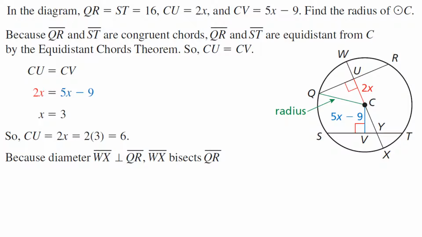Now, because we have a diameter intersecting a chord and it's perpendicular, we know the chord is bisected. So the distance from Q to U is half of that chord. Since the whole chord was 16, half of 16 is 8. So now we have two sides of a right triangle, the legs.